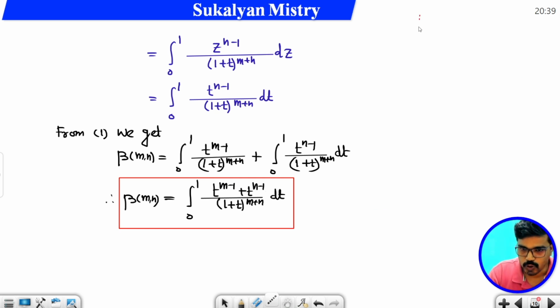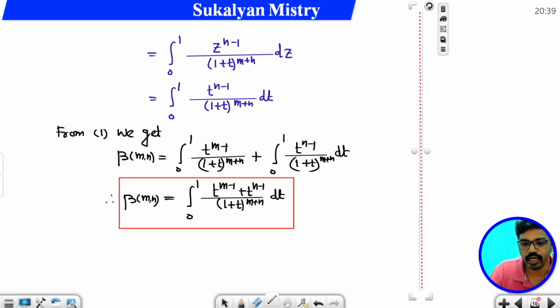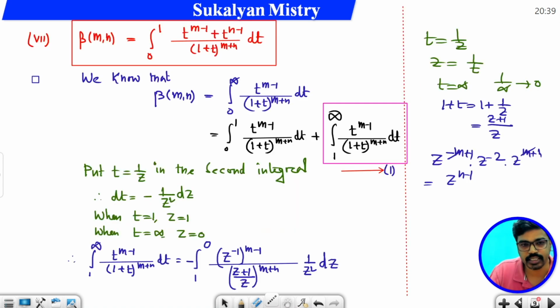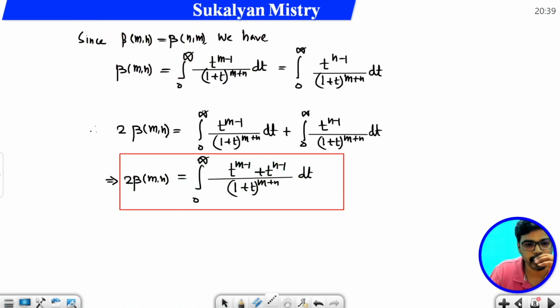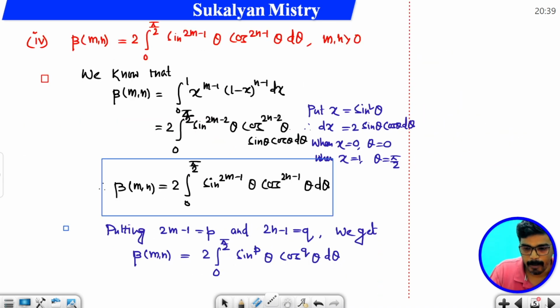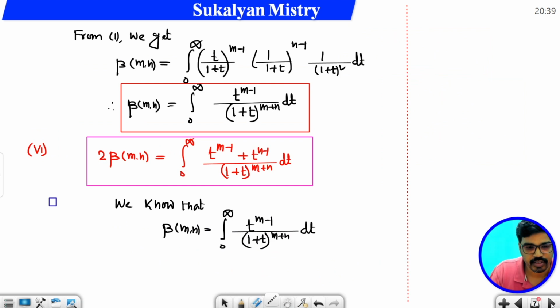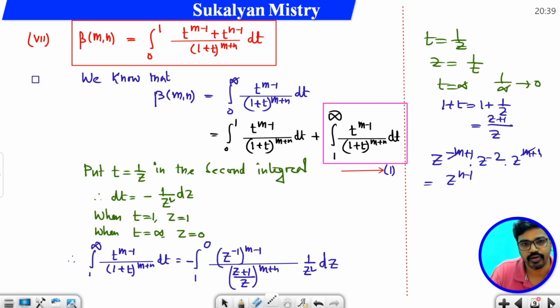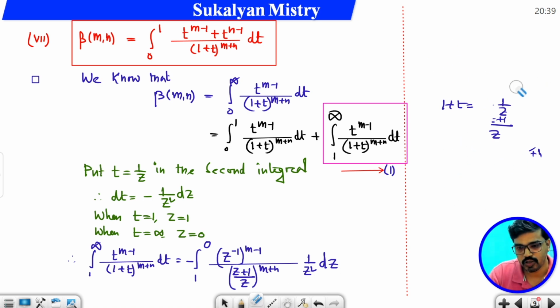So on the beta function I have discussed a total of 7 properties. The most important properties are 4, 5, 6 and 7. Okay, I think it is clear.